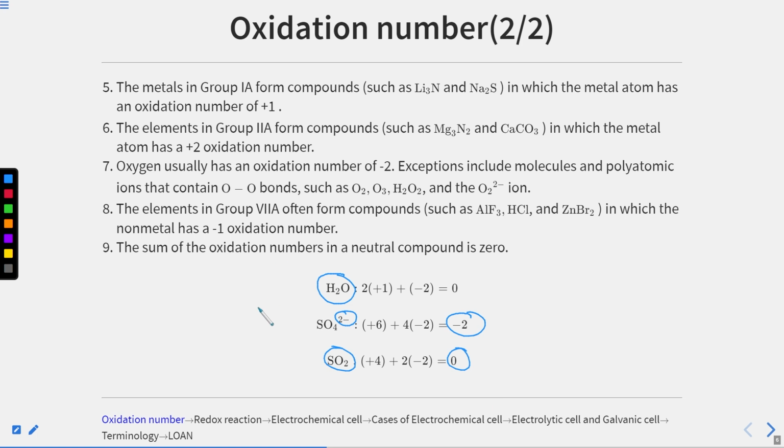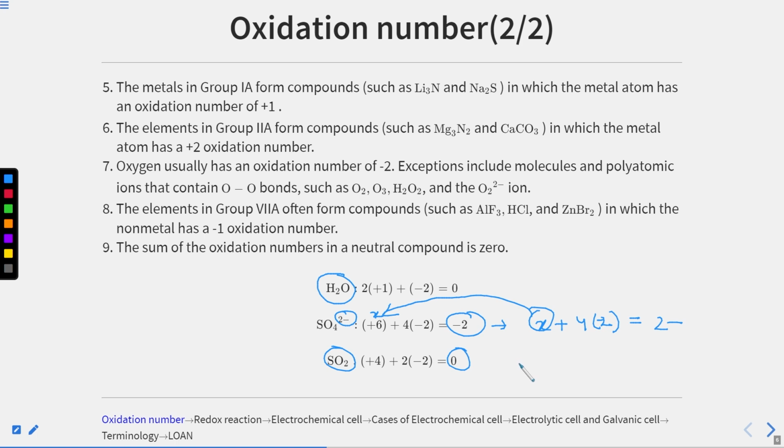Likewise, suppose you have no knowledge about the oxidation number of sulfur, then you can put X here. So this will give you X plus 4 times minus 2, and the overall charge on this compound is 2 minus. Just solve for X, you will get your +6 back.